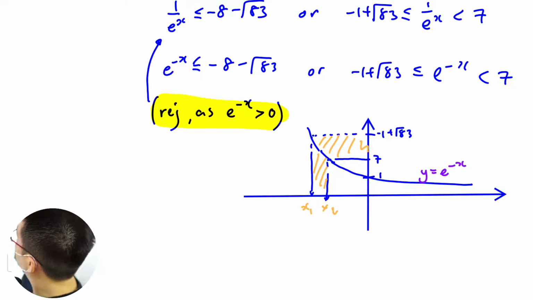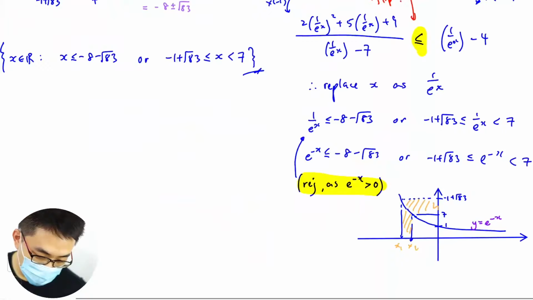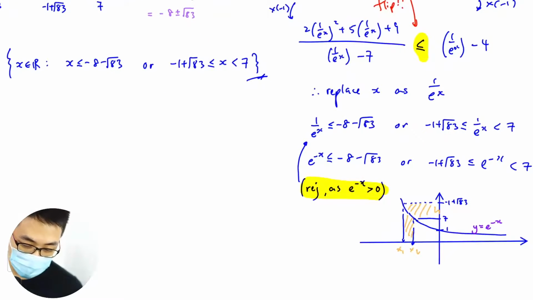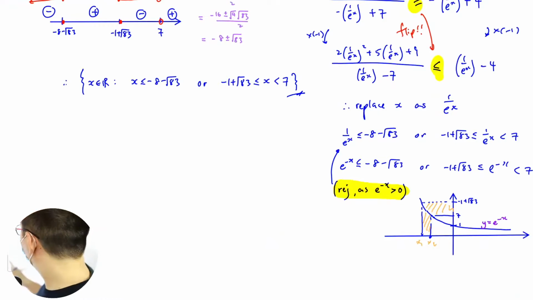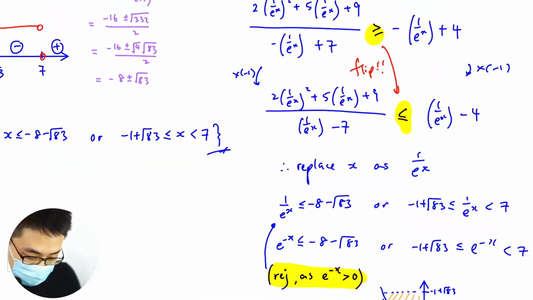Why is it this side? Oh, is it negative 8, right? Not 1. Okay, sorry. Did I say something? Negative 8. Did I write something? Say again? This one? Oh, yeah, it's negative 8 plus square root 83. Oh, negative 8. Also, this is negative 8, is it? Why did I put a 1 there?